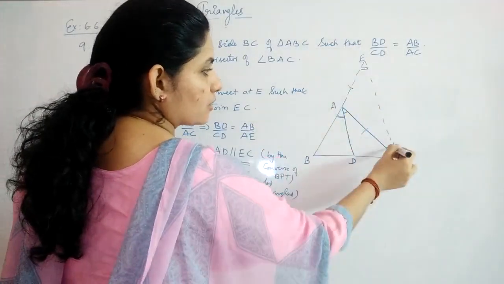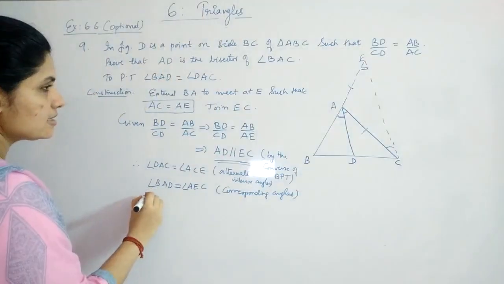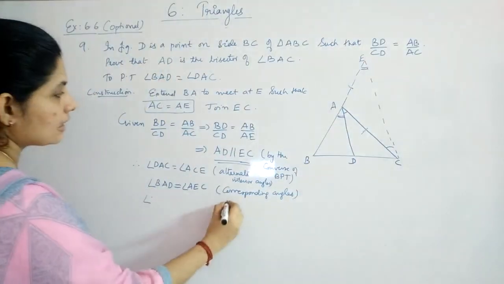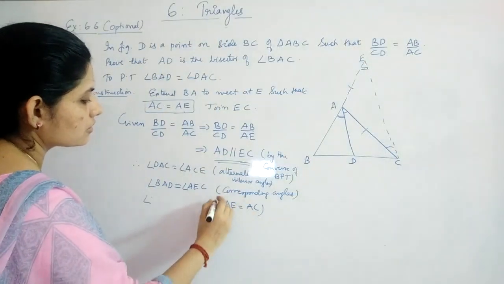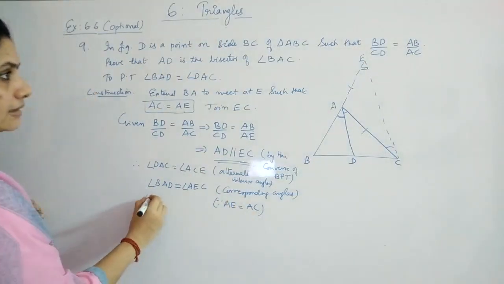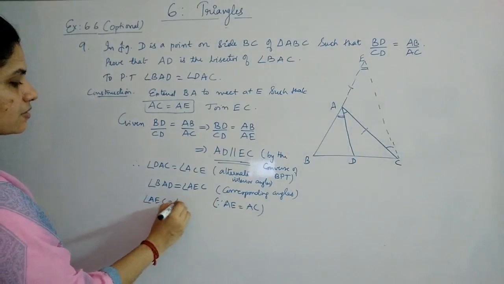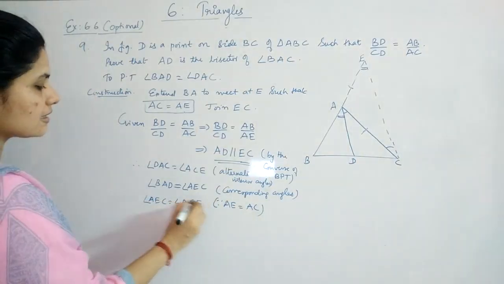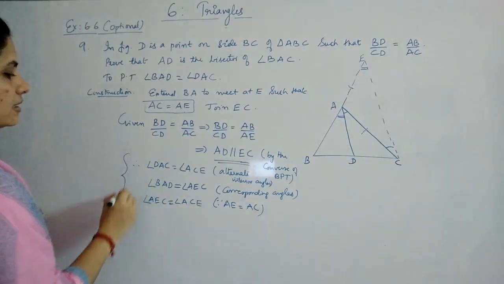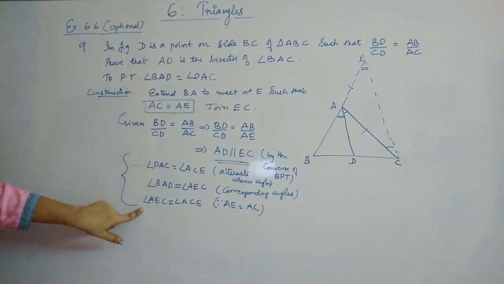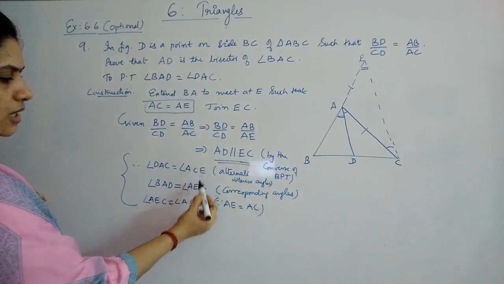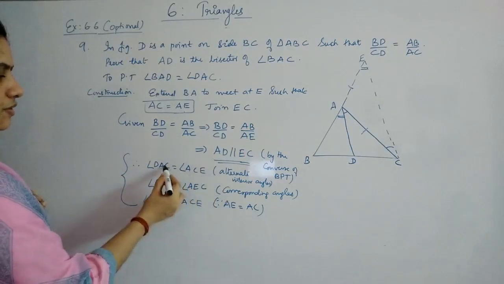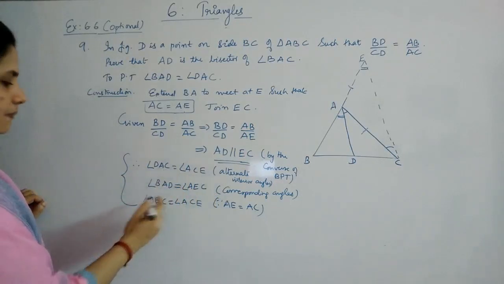So we are getting this angle equal to this angle. Okay, since AE is equal to AC by construction, you will have angle AEC is equal to angle ACE. And looking at these three equalities, you can see that AEC equal to ACE means these two are equal, and from these two, you will get these two to be equal.